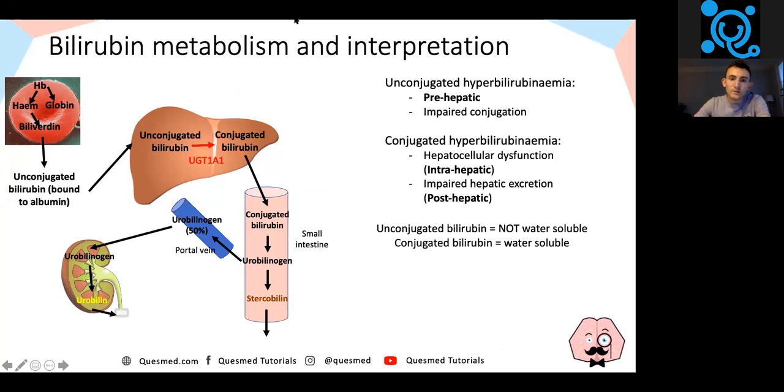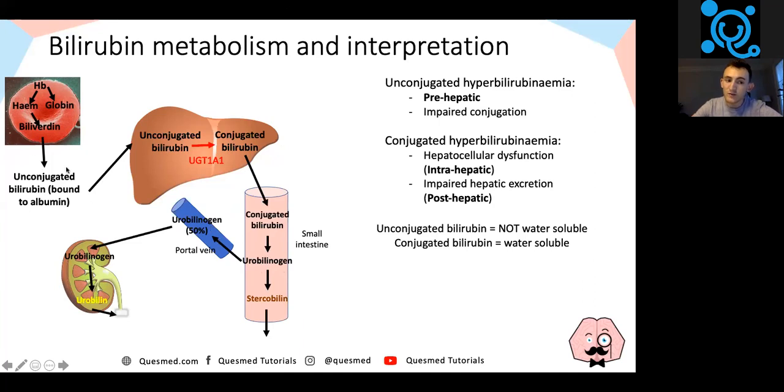if you follow the bilirubin, if you get hemolysis, you get lots of release of unconjugated bilirubin in the plasma. So you get really high unconjugated bilirubin, and that gets conjugated in the liver, and then gets moved to the gut, where conjugated bilirubin is turned into urobilinogen, and then that gets filtered out into the portal vein.